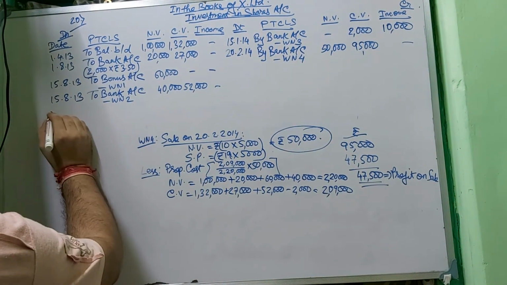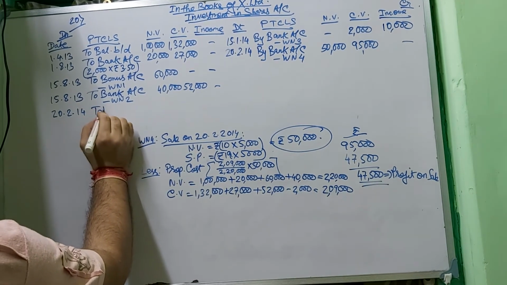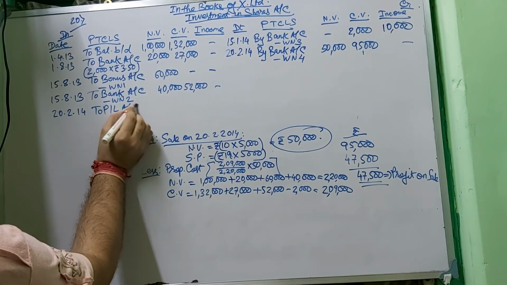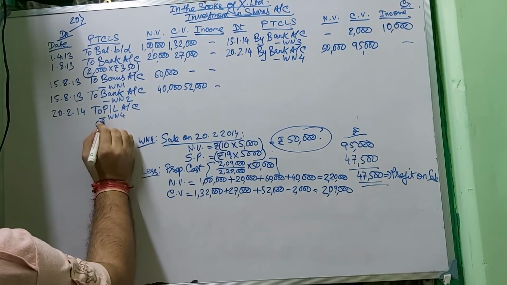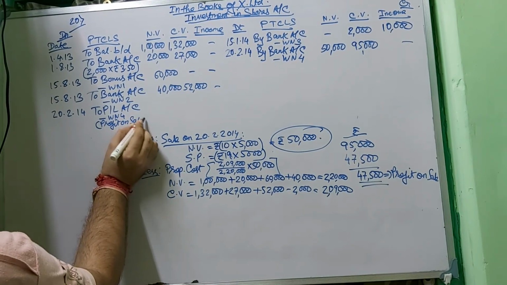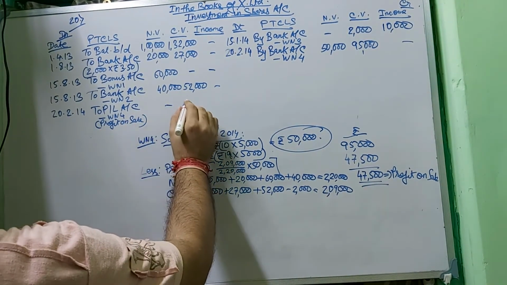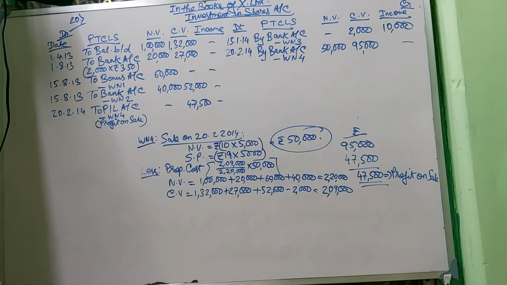So I have to put that on 2014 to PL account, working note 4, profit on sale, which is 47,500, right? Okay.